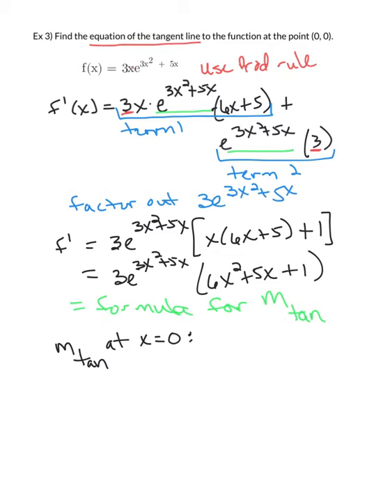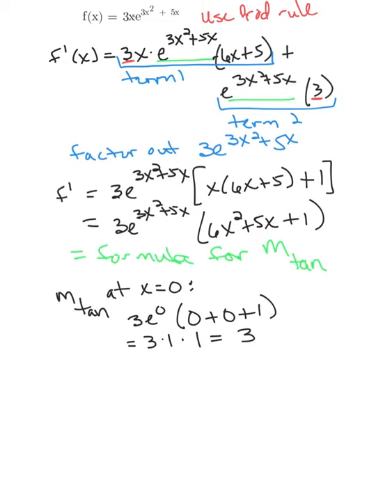If we do that, we will have 3e to the 0 times (0 plus 0 plus 1). Remember that anything to the 0 power is 1. So I have 3 times 1, and then in my parentheses I have 1. So the slope of my tangent comes out to be 3.